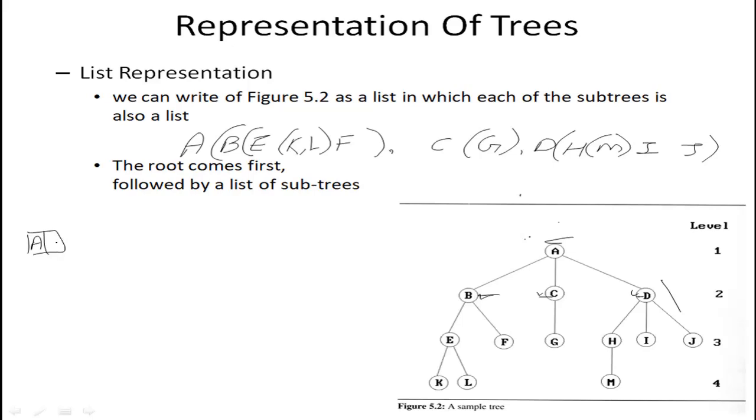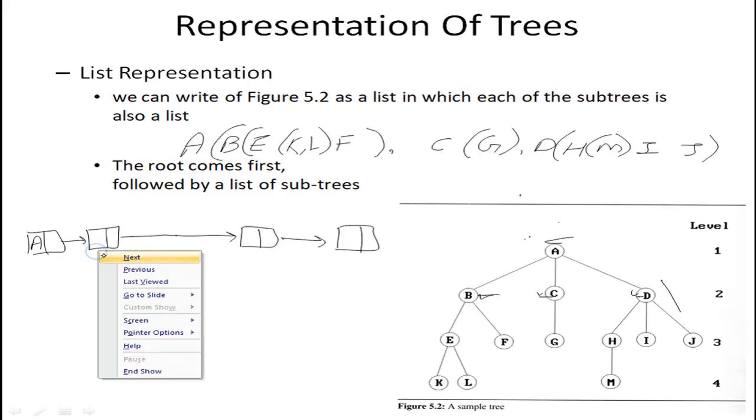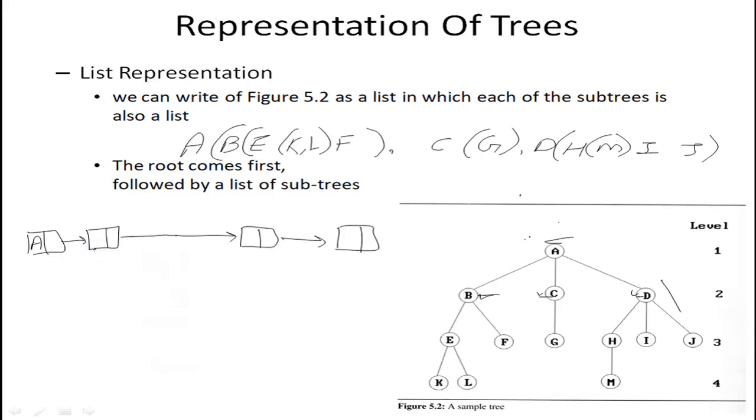It has three children, so I will just create three nodes, and then this is the last node. So A has three children, and I have written three nodes over here. Next, the first child is B, so I will write the first child as B.